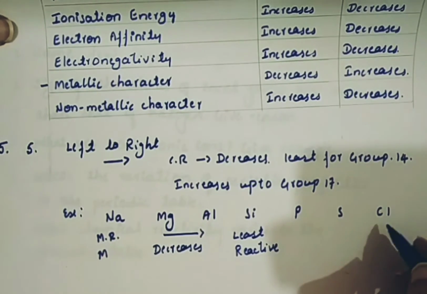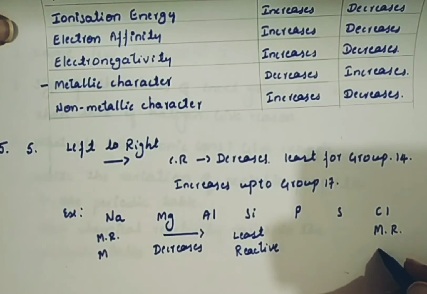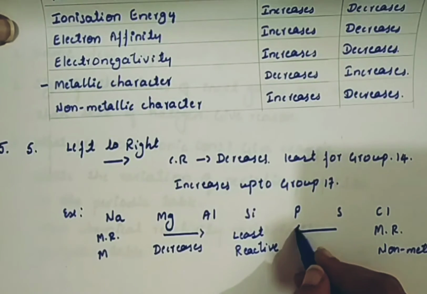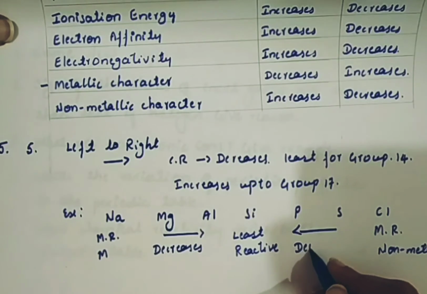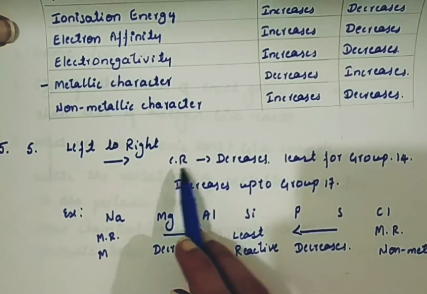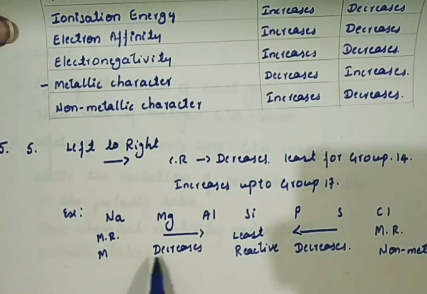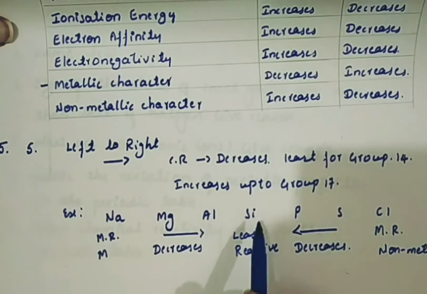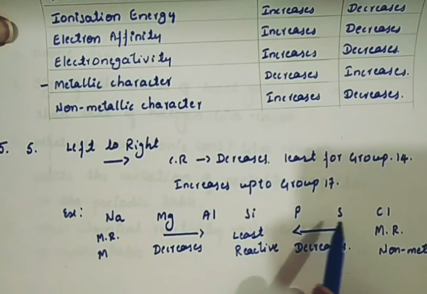Chlorine is the most reactive non-metal because it has a greater tendency to gain an electron in order to complete its octet. Again, if we move from sulfur to phosphorus, chemical reactivity decreases. This trend is true for all periods. It decreases, least for group 14 elements, and increases up to group 17. Okay, this is the answer.